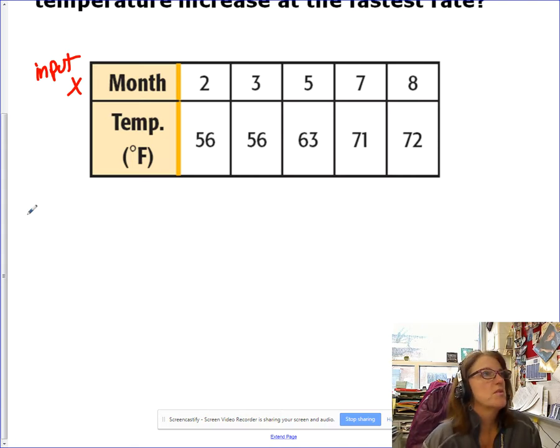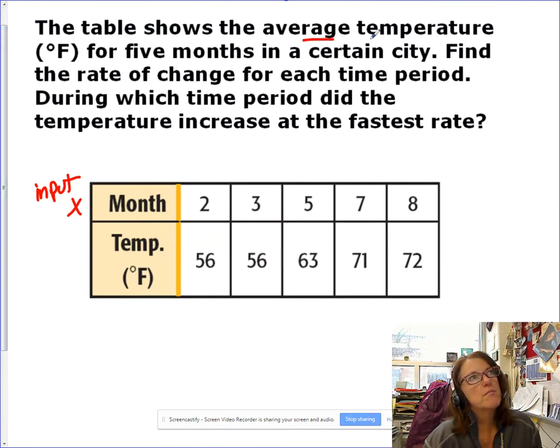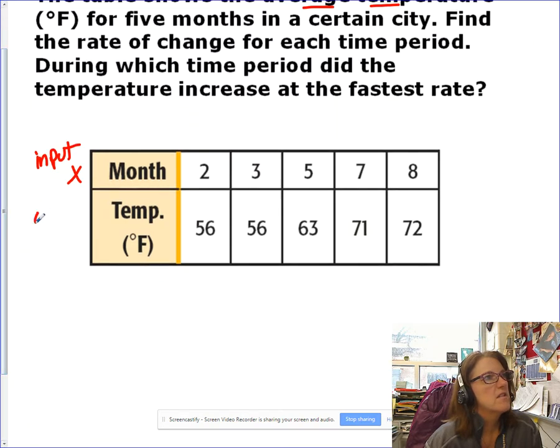This table shows the average temperature for 5 months in a particular city. Find the rate of change for each time period, and then determine during which time period the temperature increased at the fastest rate. This is input, this is output. That's the Y variable here, and that's going to be temperature.